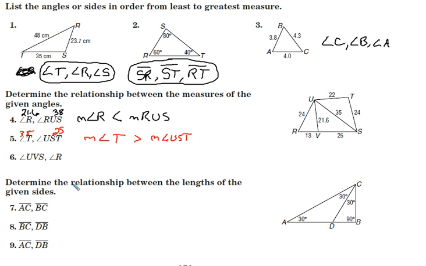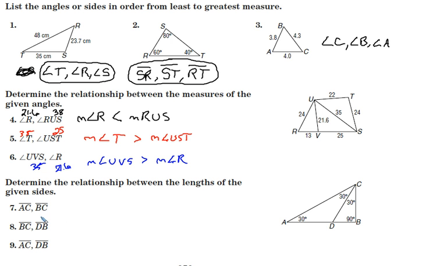Alright, next up, number 6, UVS and R. UVS is opposite 35, and angle R is opposite 21.6. So it's plain to see that the measure of angle UVS is greater than the measure of angle R.